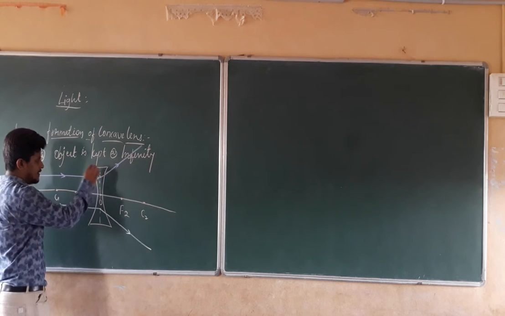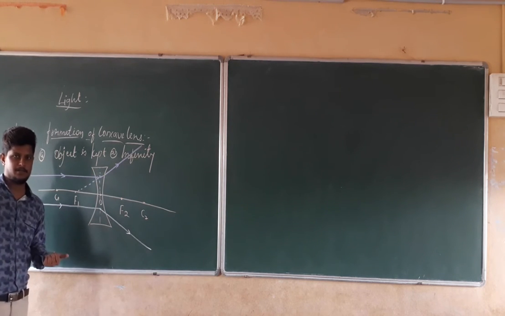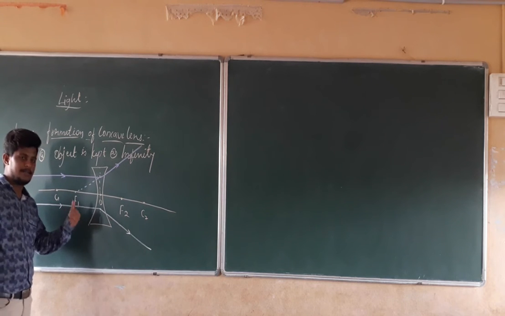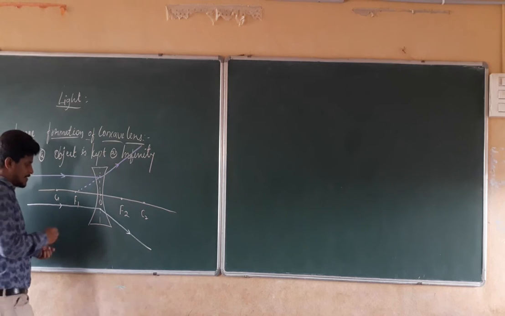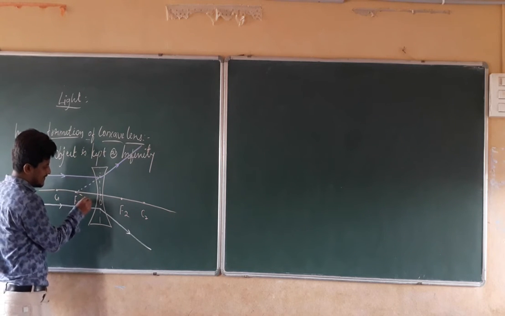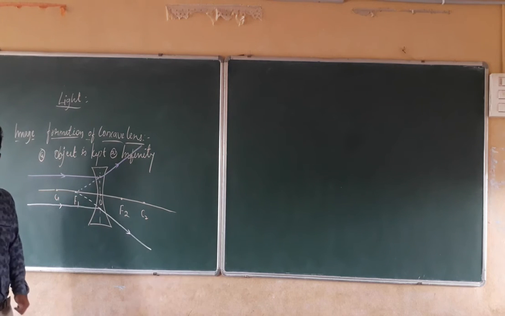That point is nothing but the principal focus on the other side. If you take this light ray also, it is also diverging from this point. That is nothing but the principal focus.